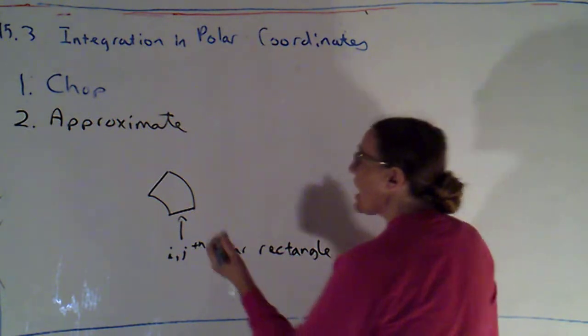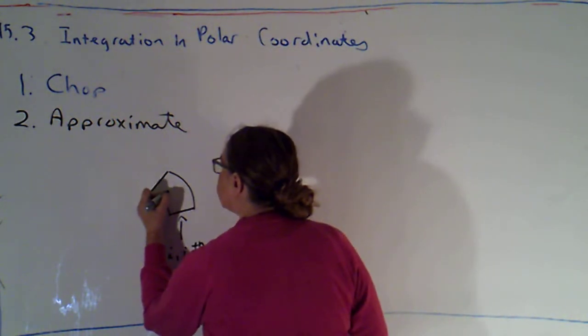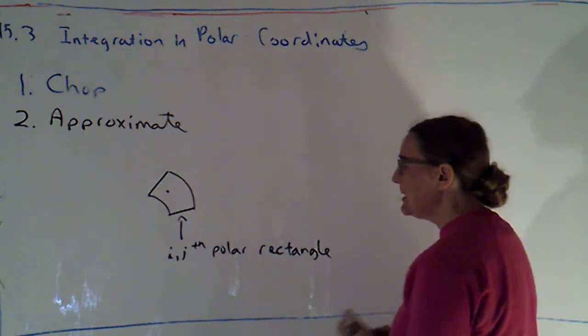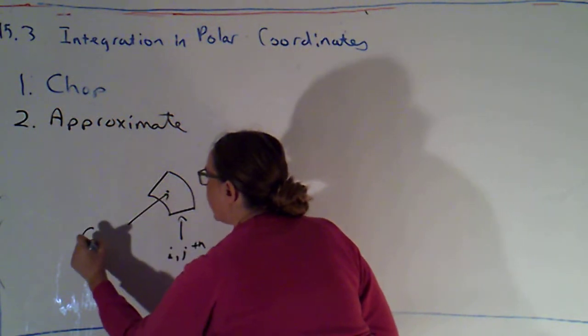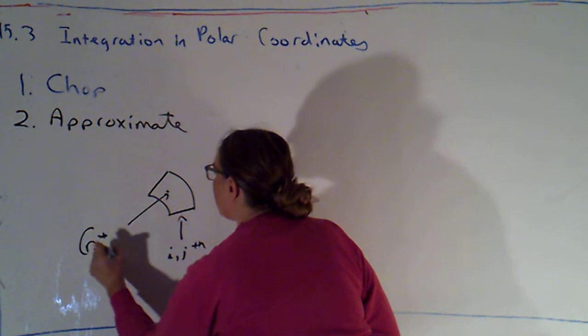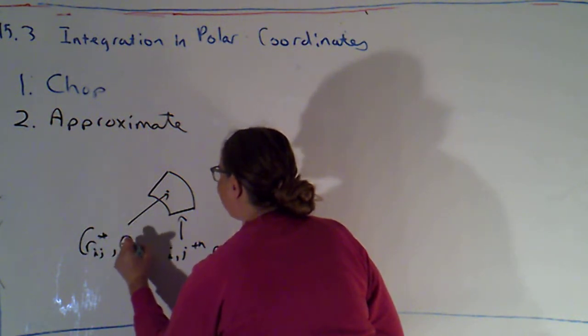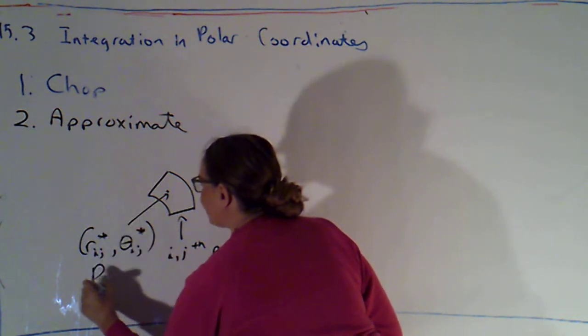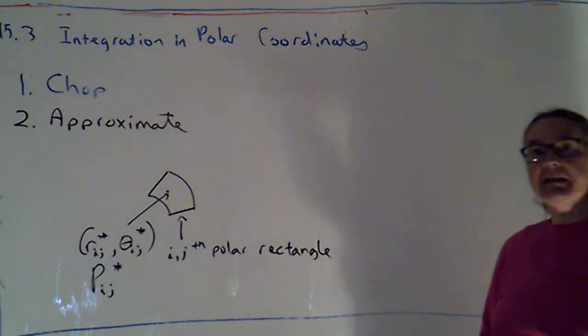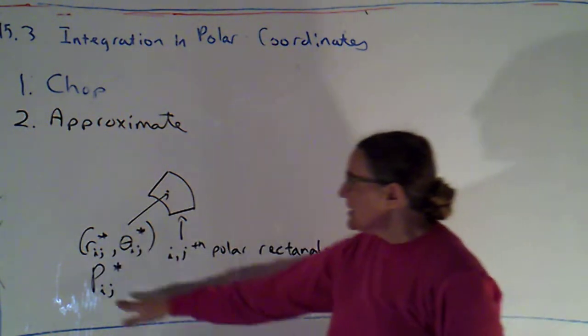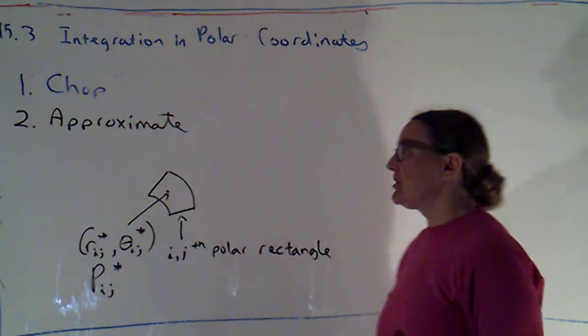So I'm going to pick a representative point in it, which I'm going to call r_ij star, theta_ij star. For short, I'm just going to call that P_ij star, but I'm representing it in polar coordinates. Okay, so that's just a point in the ijth rectangle.